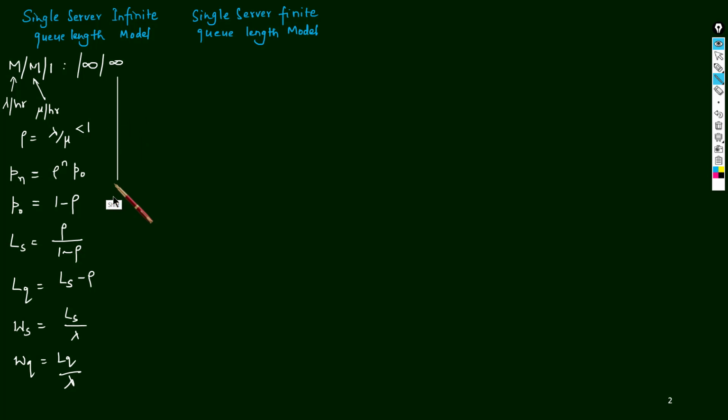Now we will see the single server finite queue length model, what we have seen in this case. Here we denote it as M/M/1/N, where N is the system capacity.